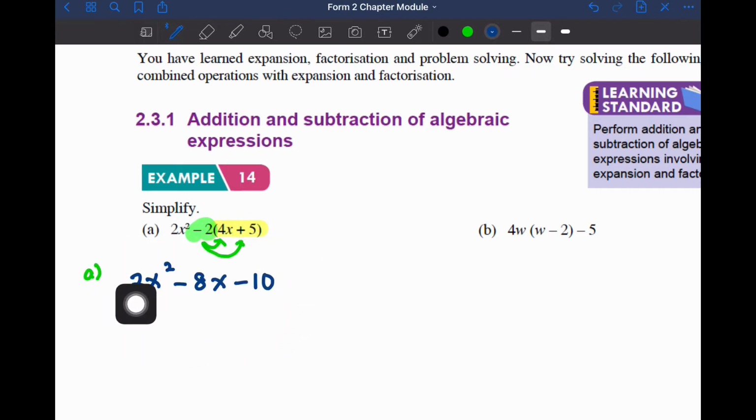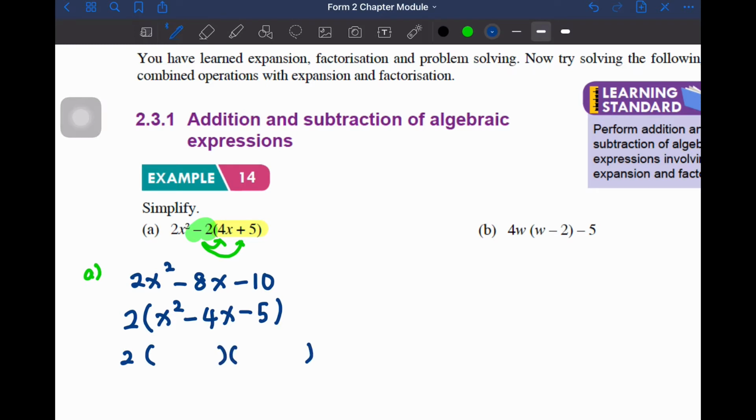The common factor is 2, so you can factorize out 2. It is left with x squared, 8 divided by 2 is 4, negative 4x, 10 divided by 2 is 5, so negative 5. Next you need to factorize this bracket, so your final answer will be like this.